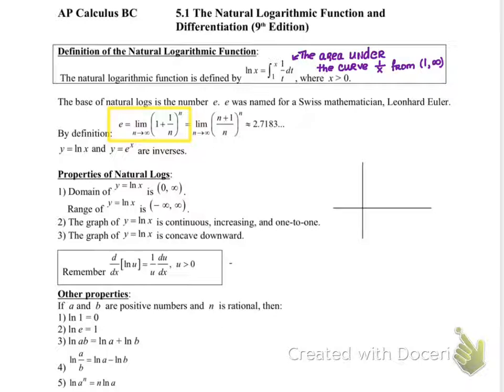Okay, so by definition, y equals the natural log of x and y equals e to the x are inverses. Okay, we got through that. Sorry, I totally over-explained. All you need to know, really, is that these two are inverses, and we are talking about the natural log of x.